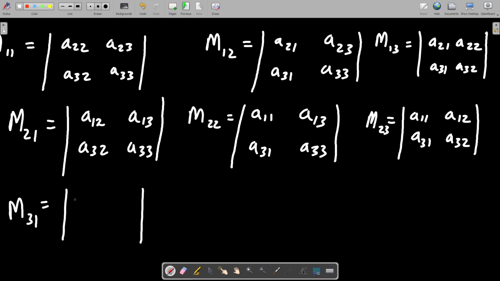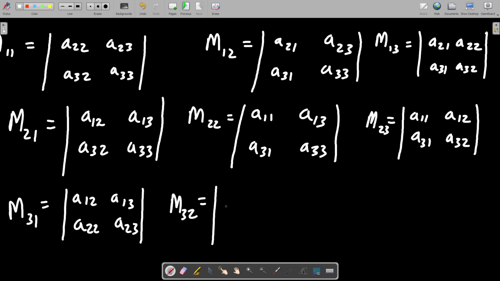Okay. So the third row and the first column, this will leave us with A12, A13. Oh, sorry, first column is gone, no? A32.